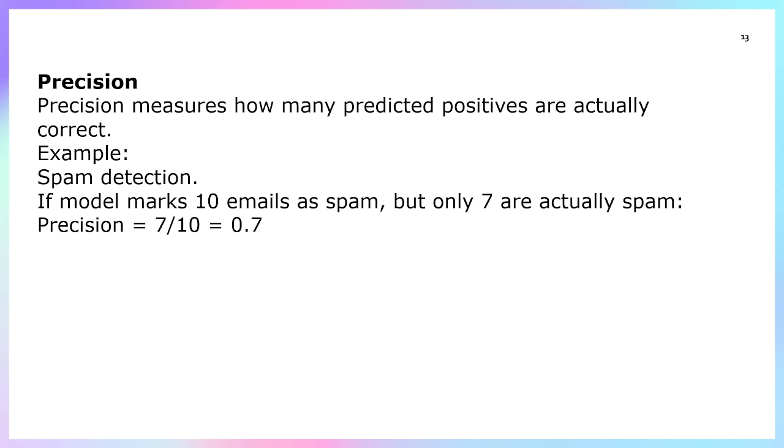Means they were not spam, but your model identified them as spam. So in precision, true positive, which is 7, divided by true positive 7 plus false positive 3, which is 10. So 7 divided by 10.